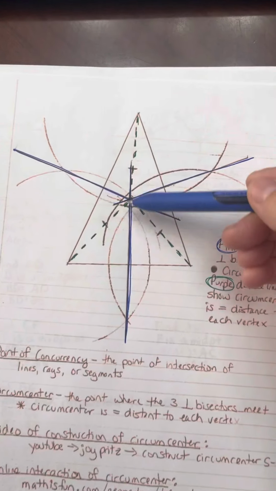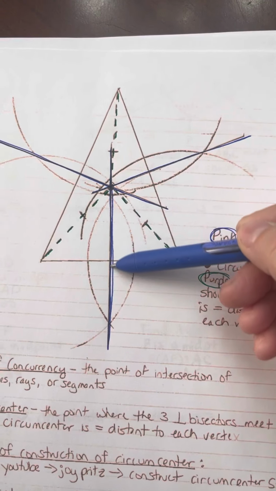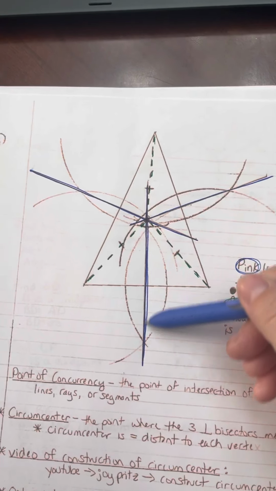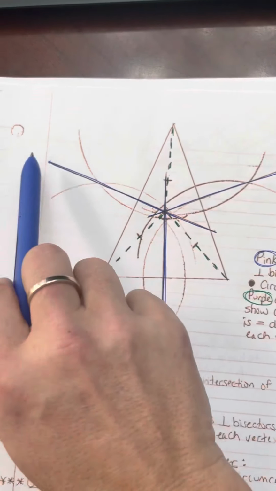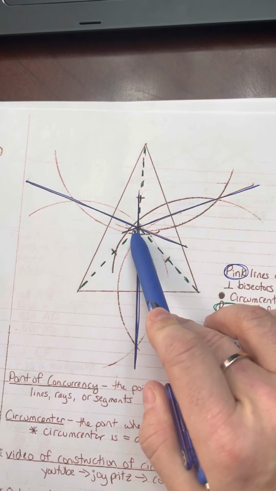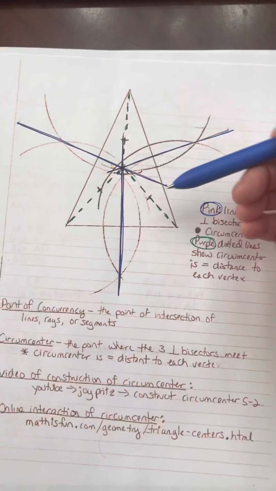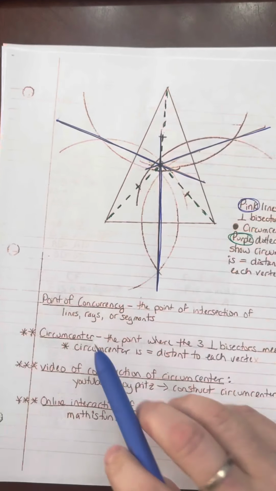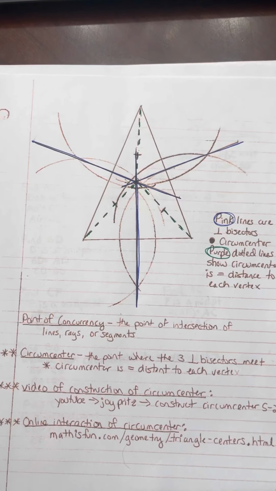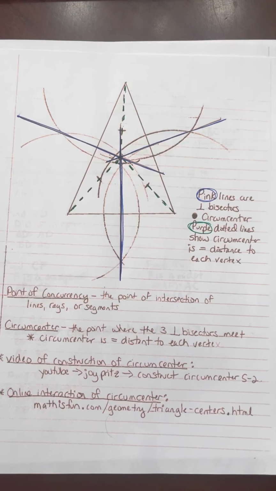So on my constructions, I don't know if you can tell that these are blue lines. These solid lines are my perpendicular bisectors. So this is a perpendicular bisector, this is a perpendicular bisector, this is a perpendicular bisector. The perpendicular bisectors meet at a point of concurrency. That means that it's a meeting point of a bunch of lines, rays, or segments.